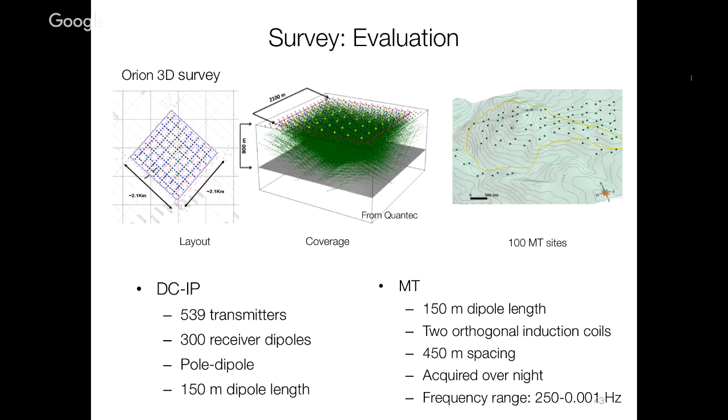You lay out some electrodes in the daytime, you have active sources going on, and you're measuring the DC resistivity data, and at nighttime you're just leaving them there, measuring both the electric and magnetic fields, and then you've got MT.